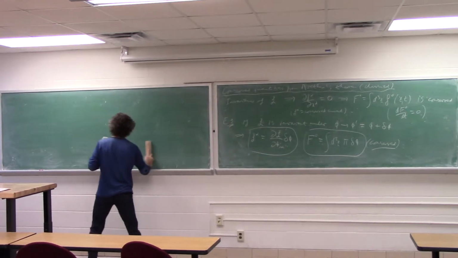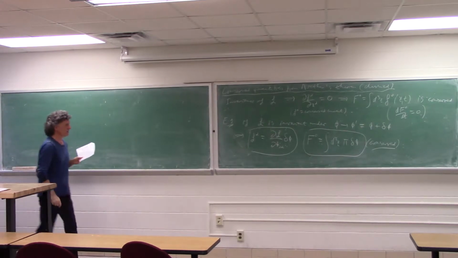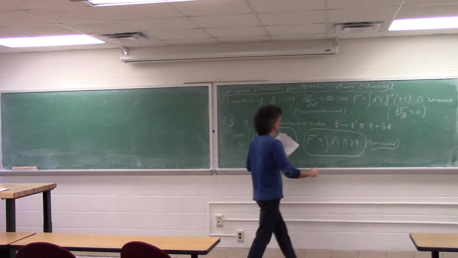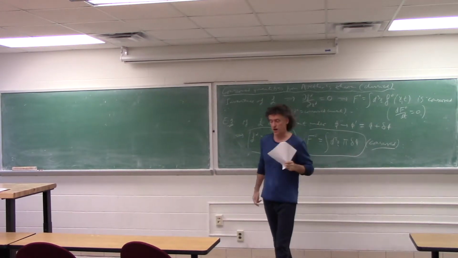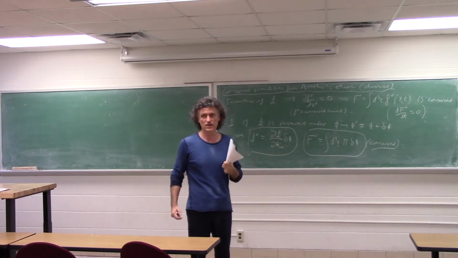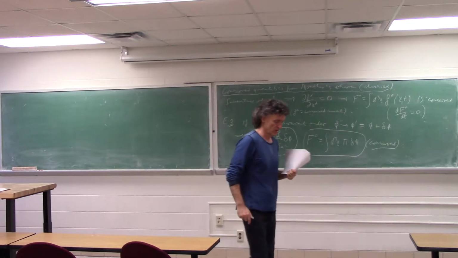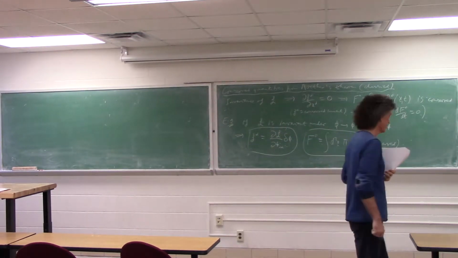So, in fact, it was actually a bad idea to just do this with one field, because you only get charge conservation when you have a complex field, so you need the field and its complex conjugate.